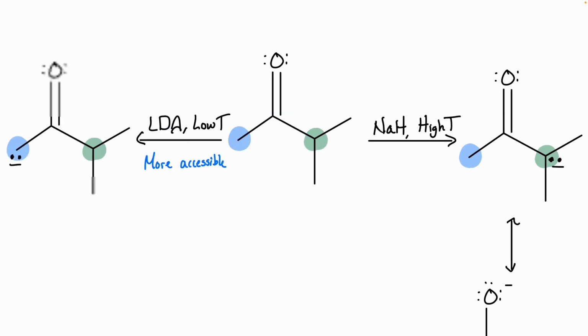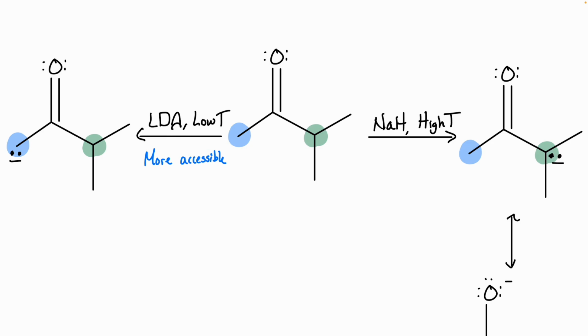And we've seen this tuning before, right? That more accessible one is our kinetic product, the one that will happen quicker because that LDA is so big and bulky and can only get to that more accessible carbon. But if we use sodium hydride at high temperatures, this will prefer our thermodynamic product, which is going to be the more substituted enolate ion.